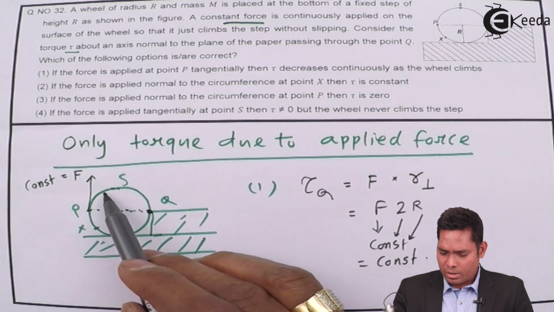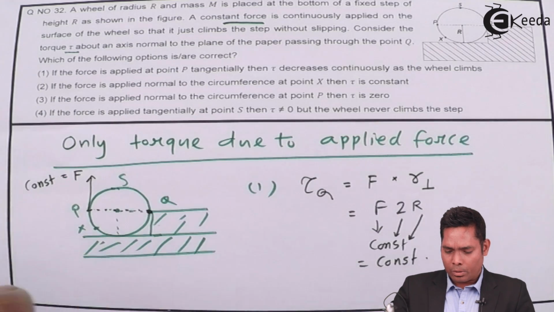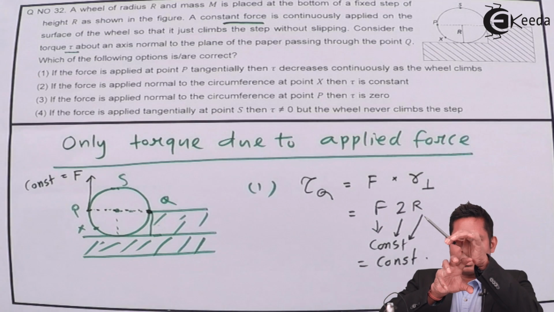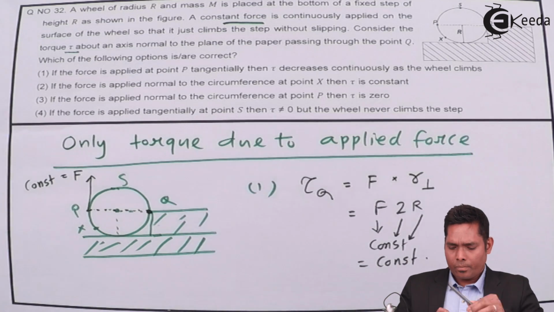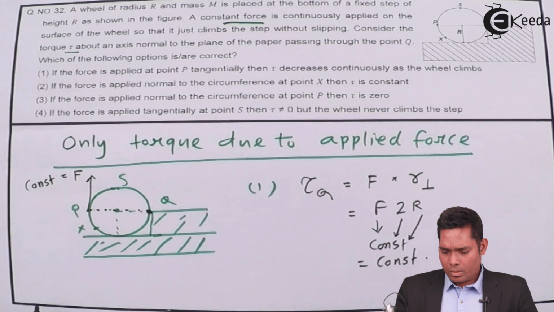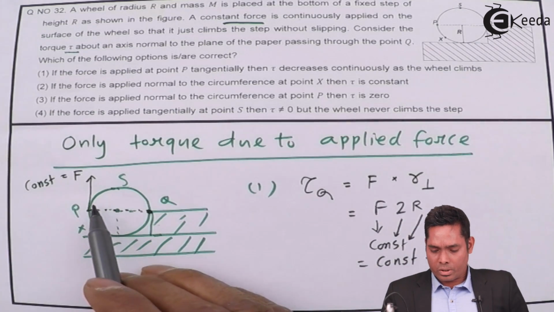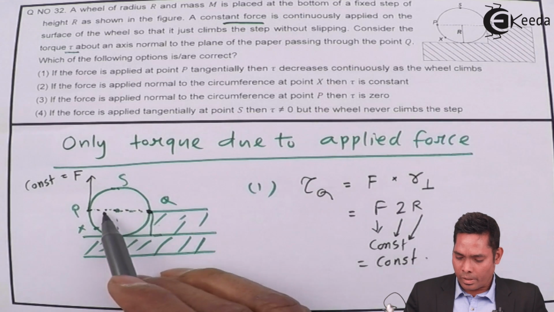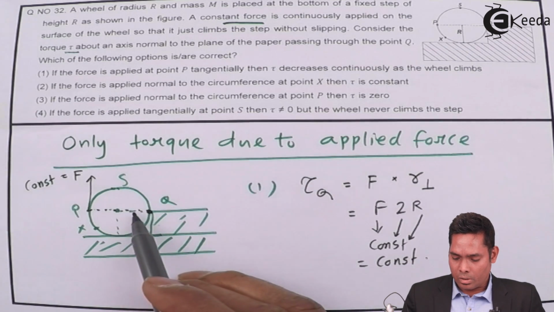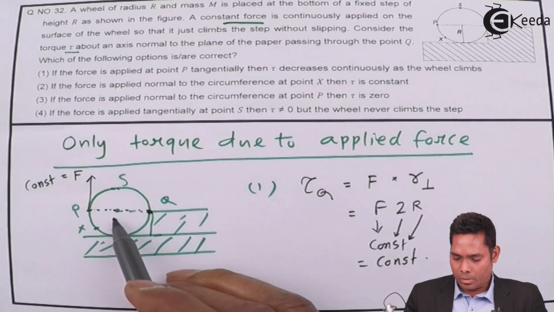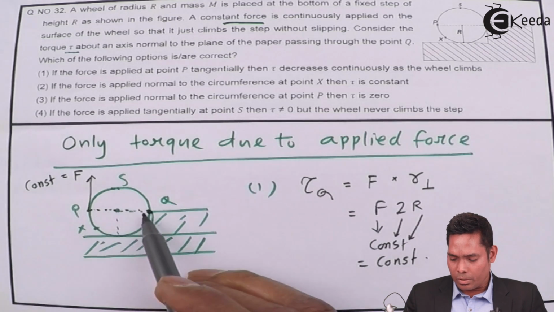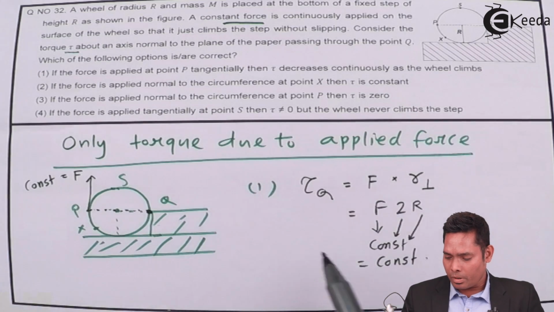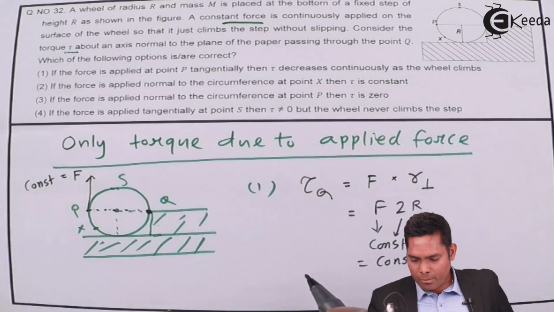Because as the wheel turns to another position, the same constant tangential force is applied. F will remain the same and 2r will remain the same.